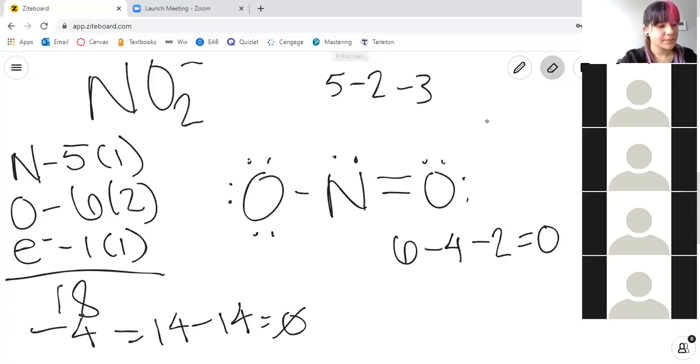So, this is weird. Because I've always worked with a different formula for formal charge than what she gives you, which is why I kept messing it up yesterday. Because I always did the number of valence electrons minus the number of bonds minus the number of non-bonding electrons, so there's no division at all.